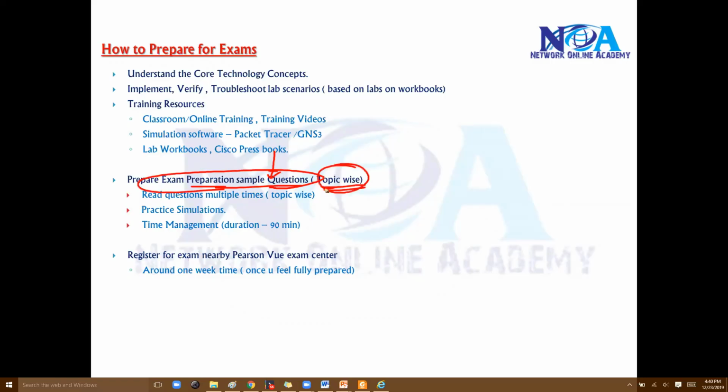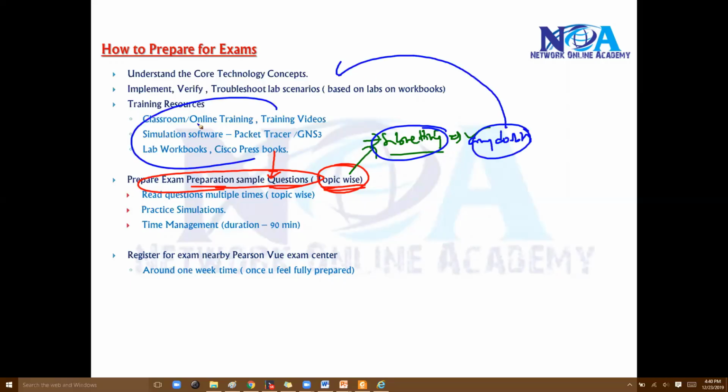Better you prepare topic wise. Let's say you are preparing questions on subnetting, you can spend a couple of days completing subnetting, so that if you have any doubts in that specific concept, you can go back to any of these resources, revise the concepts, and come back again for preparation.